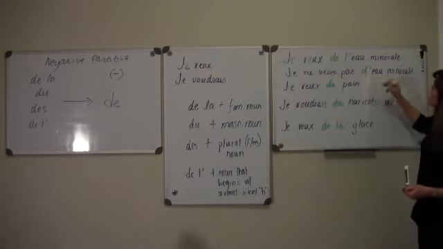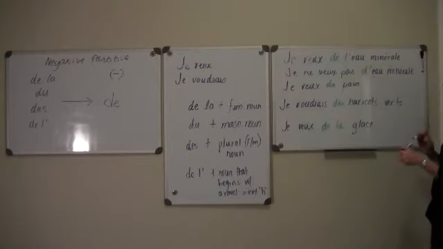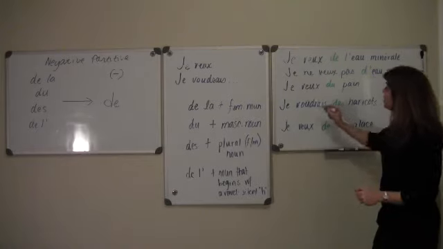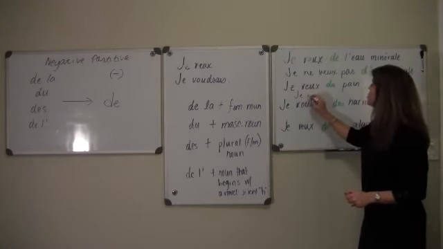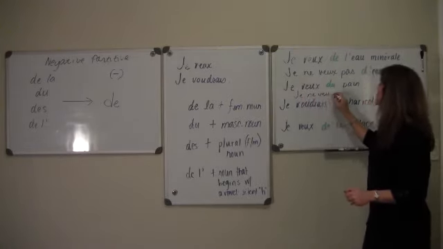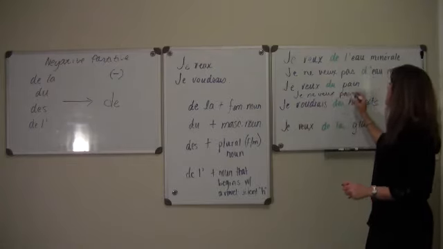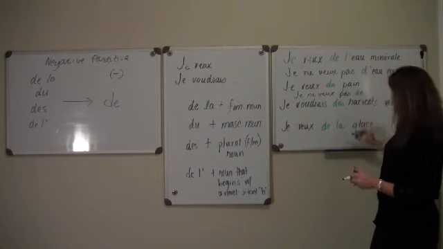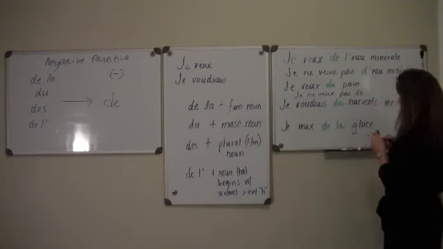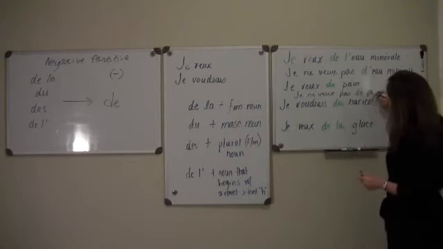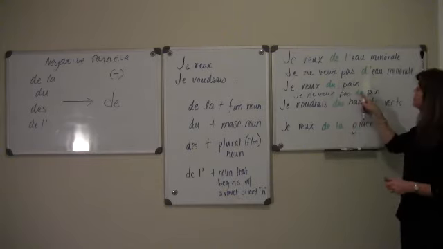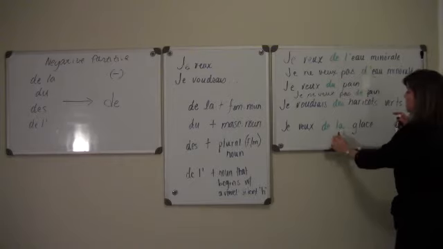Yes, my de, because this E is here, I have to drop my E and add an apostrophe. Okay, je veux du pain becomes je ne veux pas de pain. So my du in my affirmative turns to de in the negative.